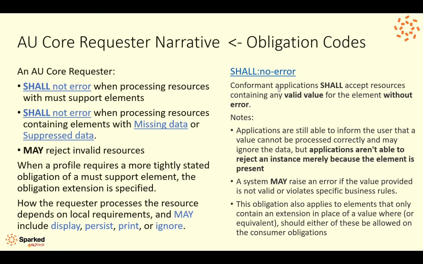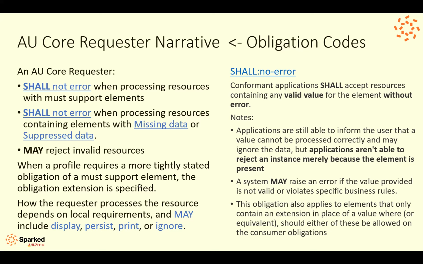So I guess what I'm proposing here is that our must support definition for AU Core by default is equivalent to the obligation no error. And the first part, those dot points, are kind of paraphrasing the definition of no error as per the FHIR standard obligations.